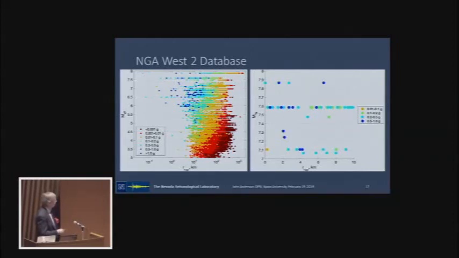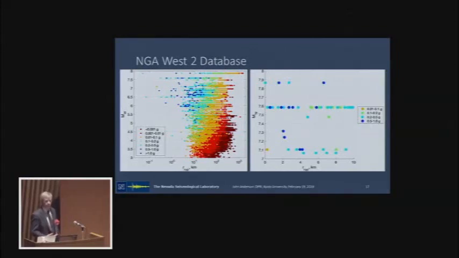So a log scale for distance, magnitude, different colors for different levels of ground motion, but the critical area is magnitude greater than 7 and distances, say, less than 10 kilometers. And so that area is blown up over here. And you can see that there just aren't very many points there.